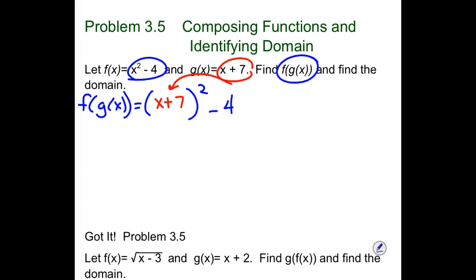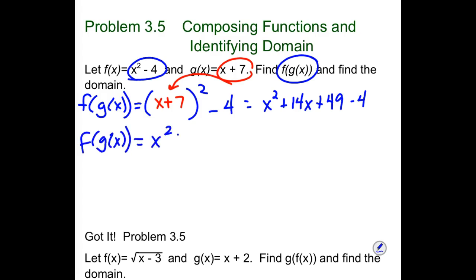All right, so we're going to dump that g of x inside there. X plus 7 gets squared into what? All right, x squared plus 14x plus 49, and then we're subtracting 4. So we end up with x squared plus 14x plus 45.